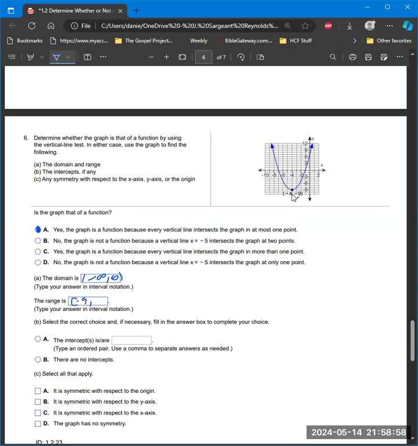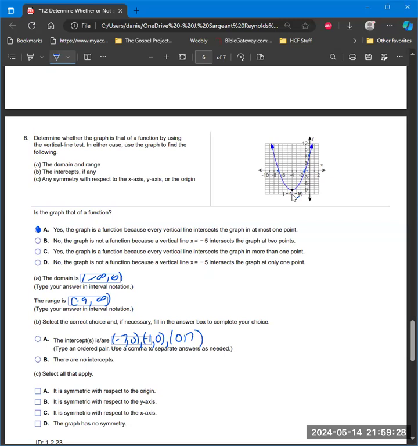And it has intercepts at (-7, 0), (-1, 0), and (0, 7).